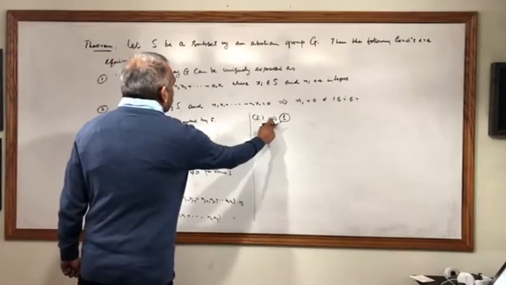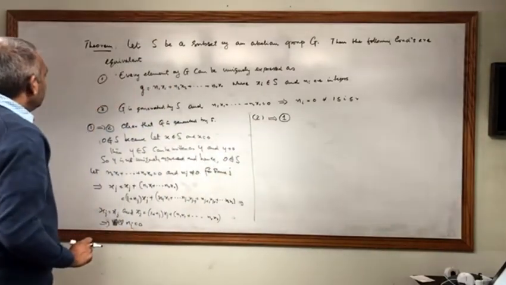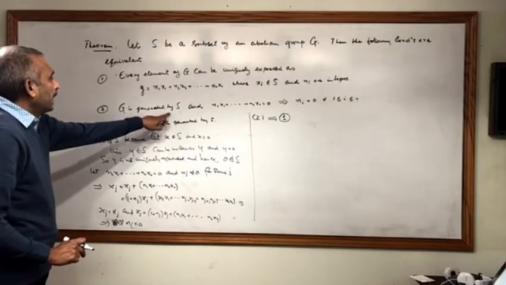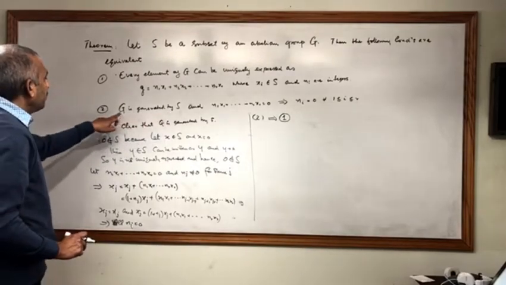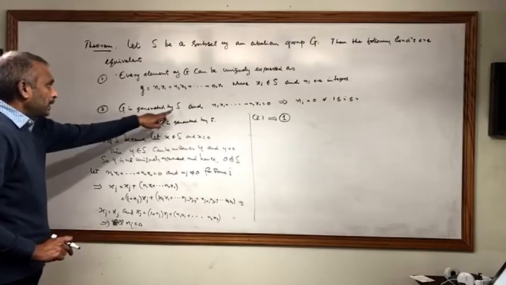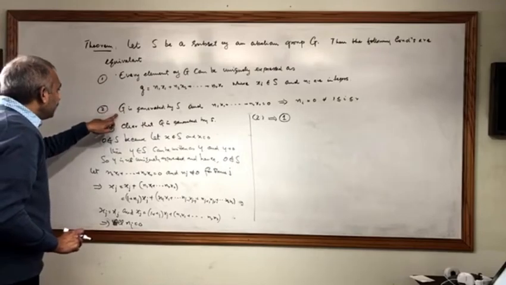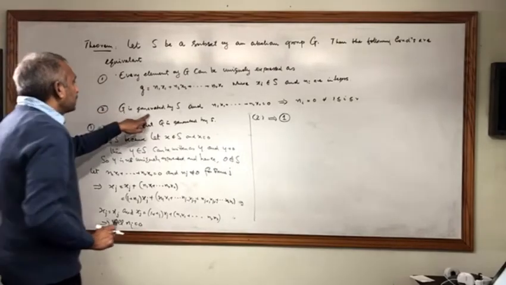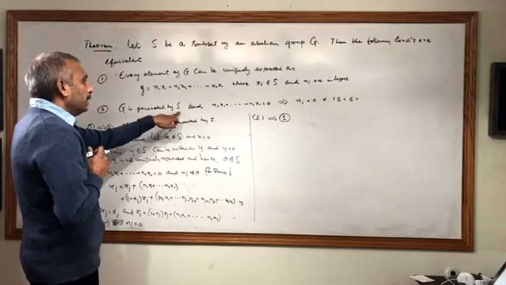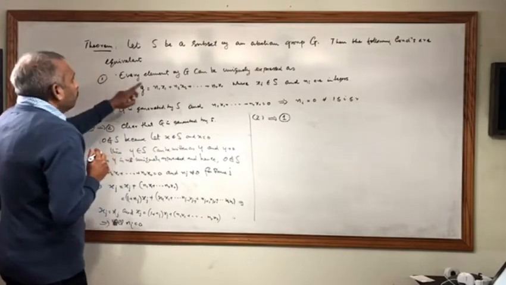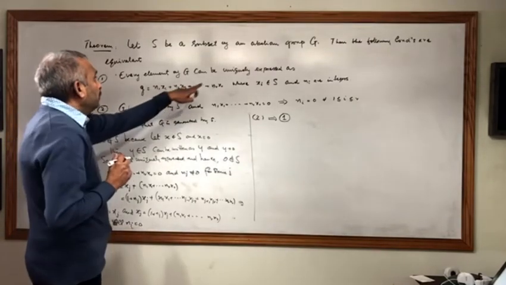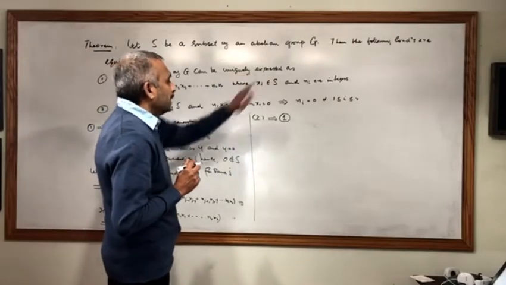Two implies 1. G is generated by S means that every element of G is expressed as a linear combination of elements from S. So it is actually generating it, but we still need to find out that it is uniquely expressed.